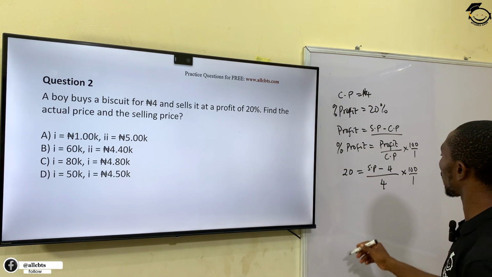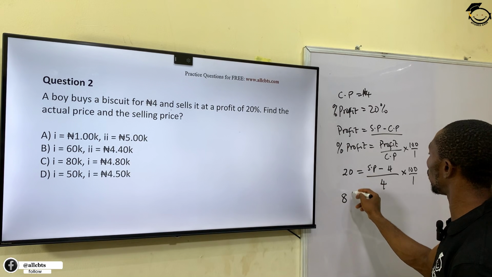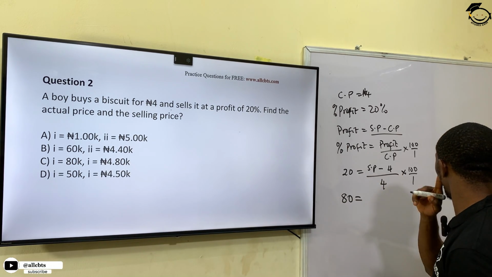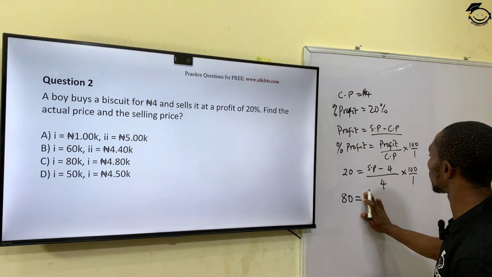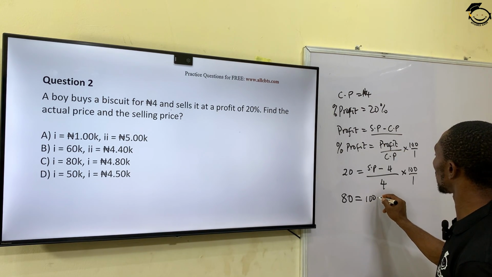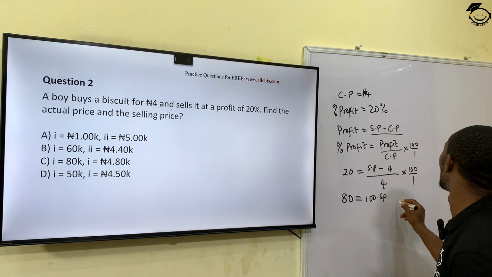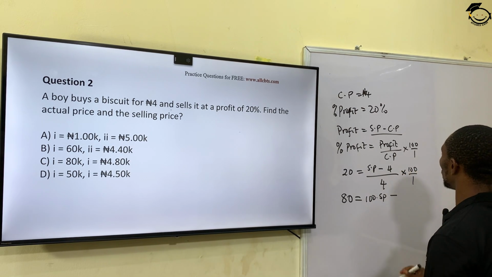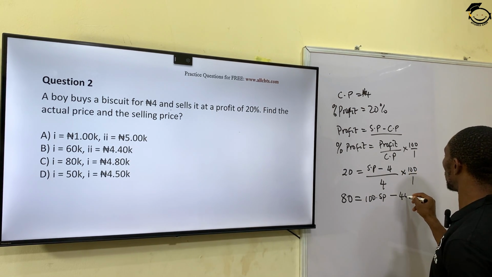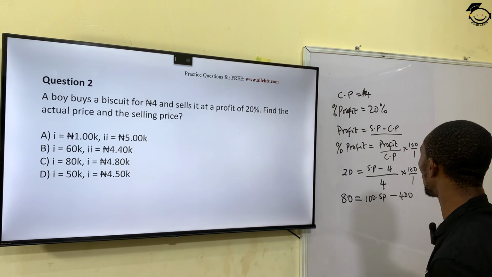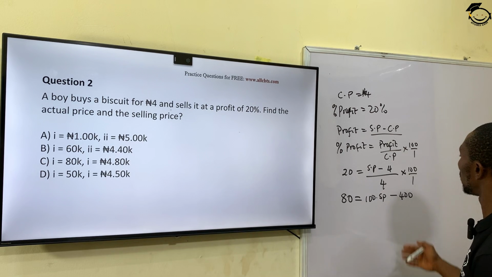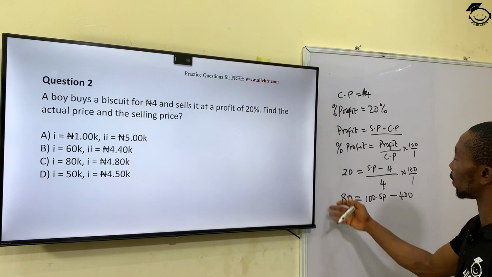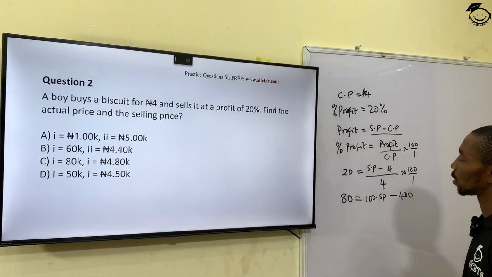Now, cross multiplying, this gives us 20 times 4, which is 80, equals 100 times selling price minus 4 times 100, which is 400. Now, bringing our like terms together, 400 goes over as plus 400.